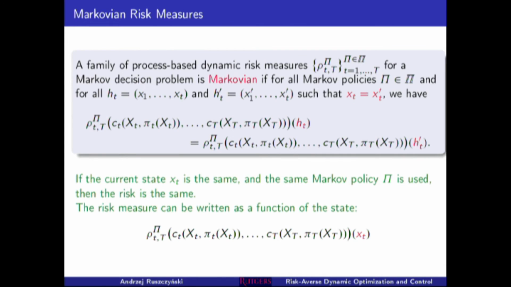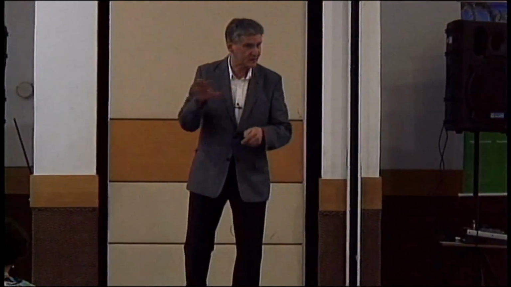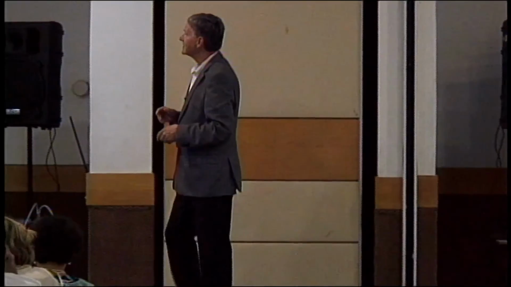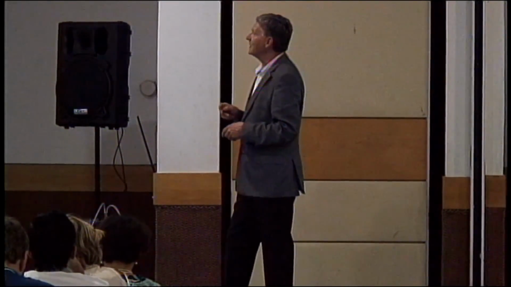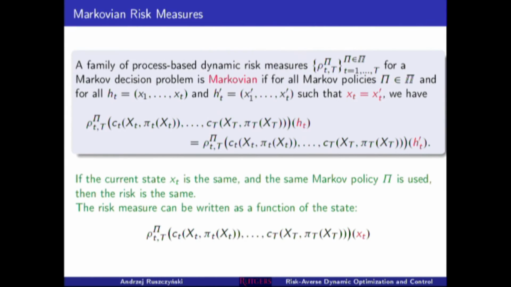So now the second step is, as I said, we would like to have the risk evaluation dependent on the state. We have to postulate that. This doesn't follow from anything. So we shall just assume that if we were to use a Markov policy, which means a policy that depends only on the current state, then the risk evaluation would depend only on the current state, okay?